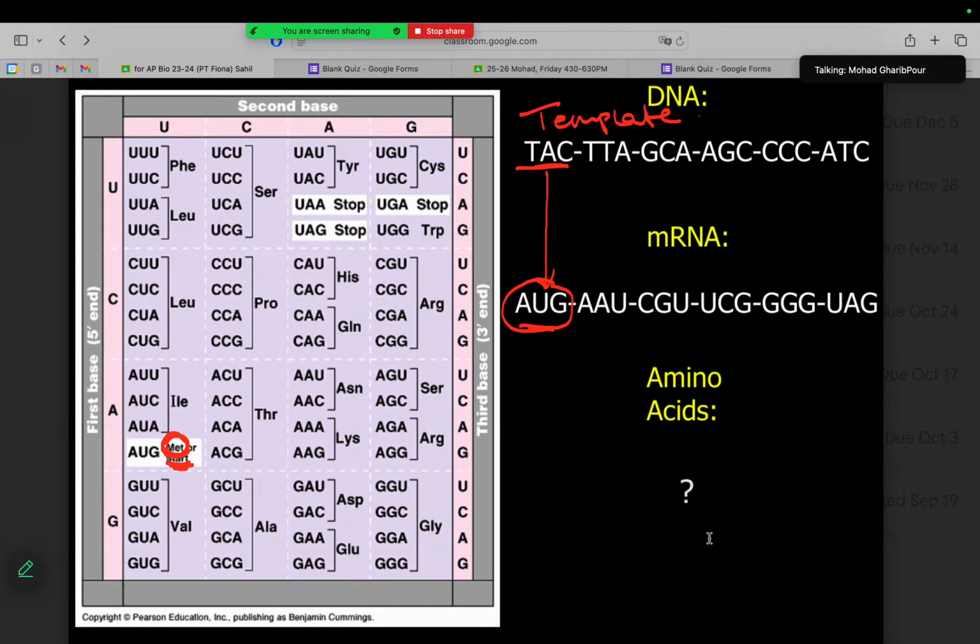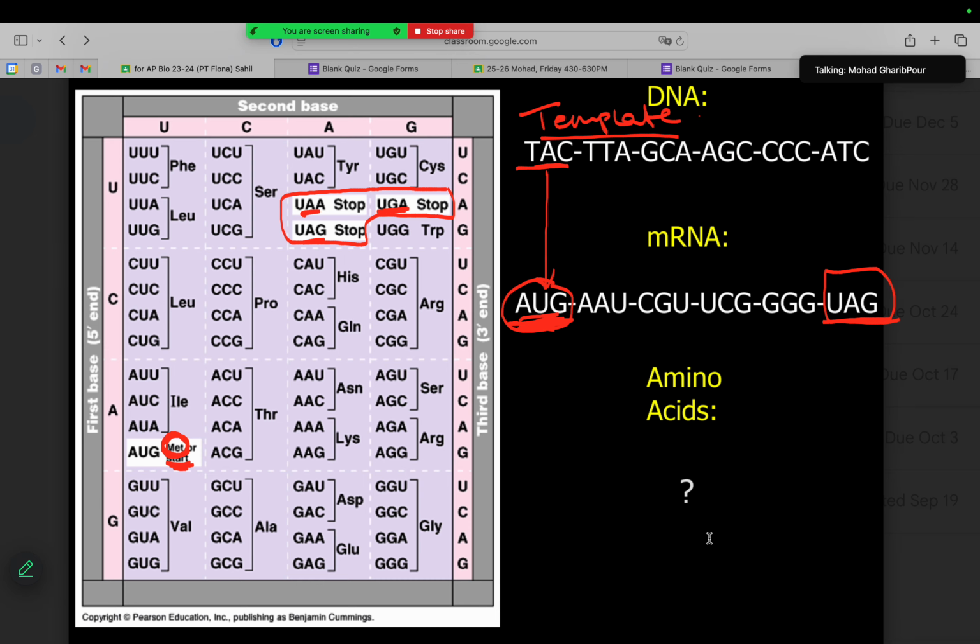So you usually see AUG as the start. And then you have these stop codons here. Whenever you see these, that's the stop codon. So you do see that here. So this is actually the template strand.